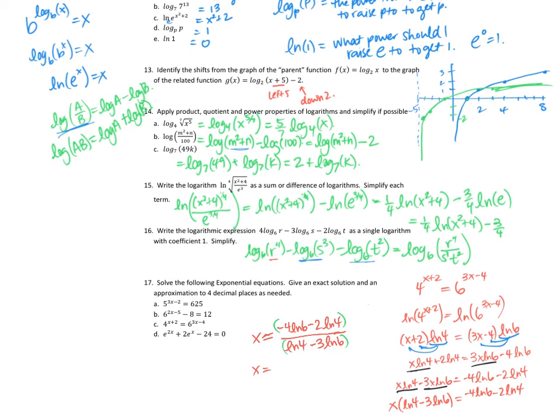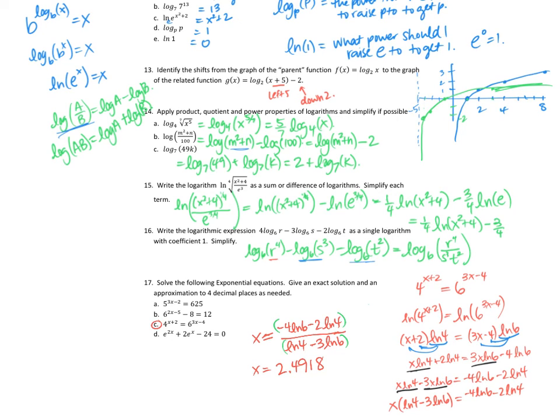So natural log 4 minus 3 natural log 6. So I got 2.49176. I'll round it to 2.4918. And that was problem C, wasn't it? Yeah, that was problem C.